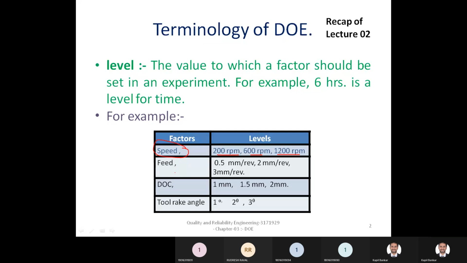You may have some independent variable, and each independent variable is also known as a factor, and that factor has some different levels to do the experiment. So those are our levels for each individual variable.